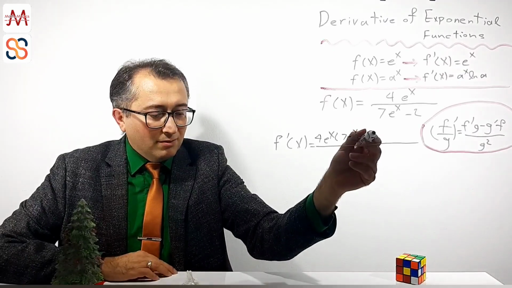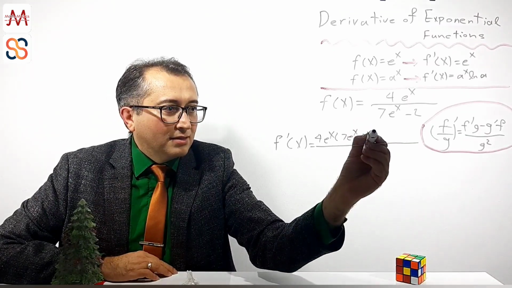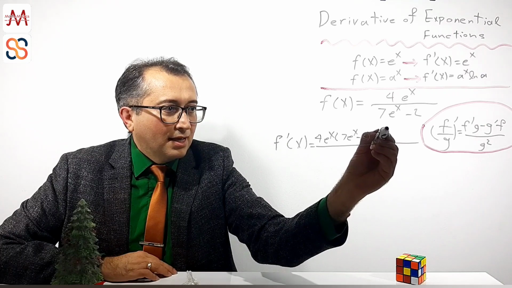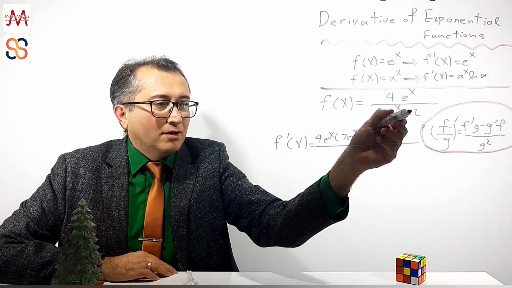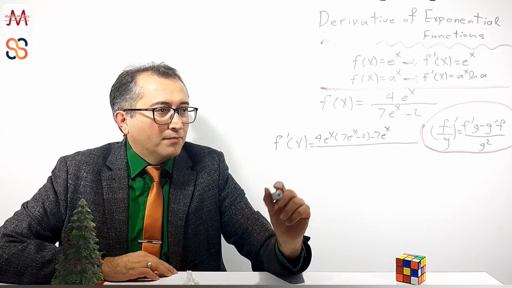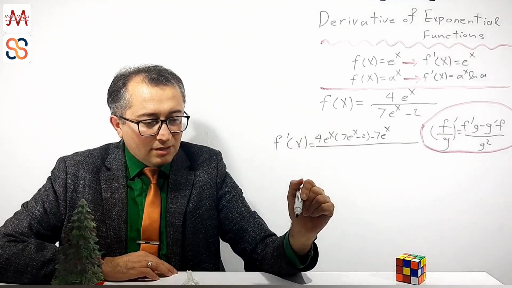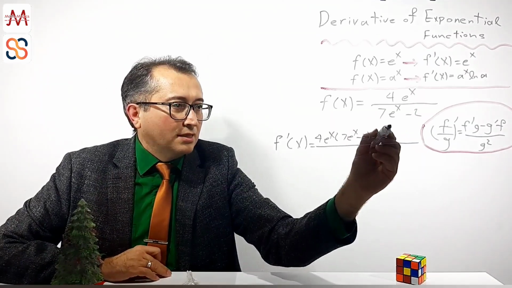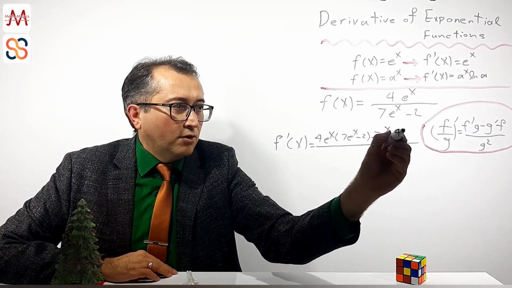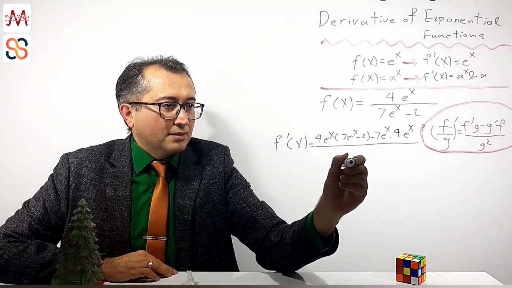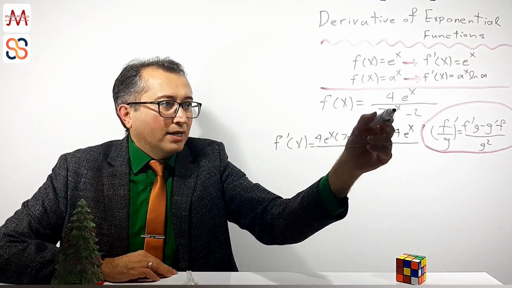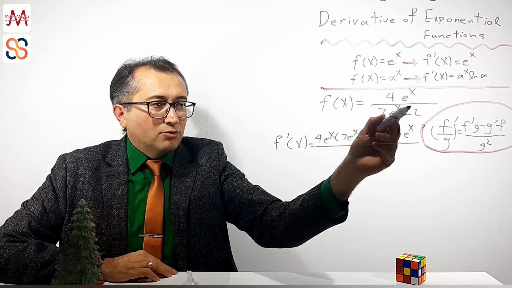The derivative of the bottom function is 7 e to the x, and the derivative of minus 2 is 0, times the original top function, which is 4 e to the x, all divided by the bottom function squared.